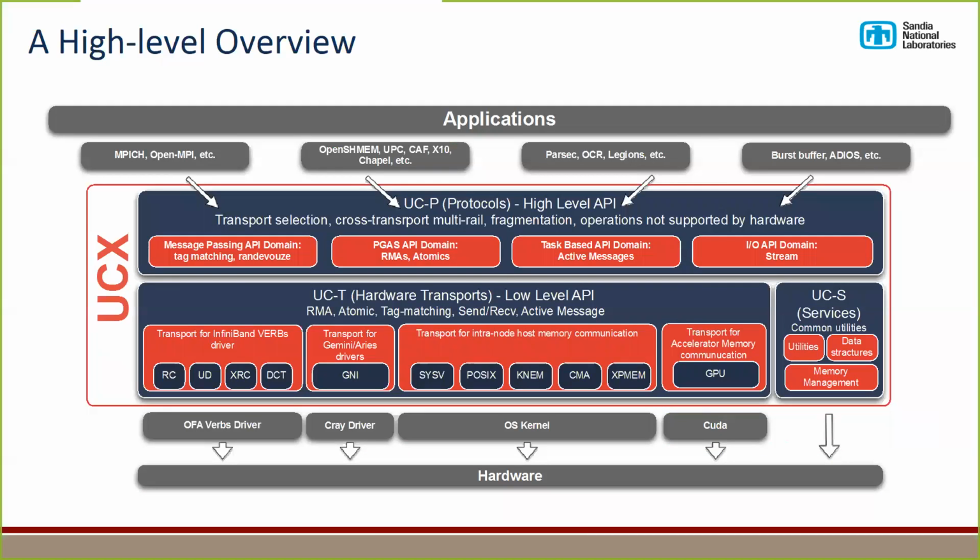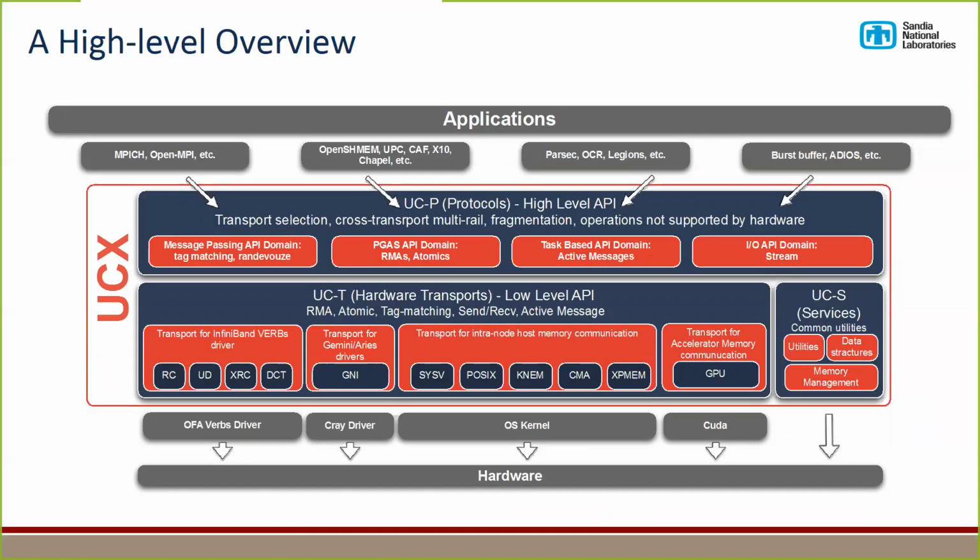There is a one-sided communication API for PGAS, OpenSHMEM, and so on. There's support for active messages, and this API mostly targets task-based runtimes. And there is also work in progress on IO-driven interfaces, streams, and so on.